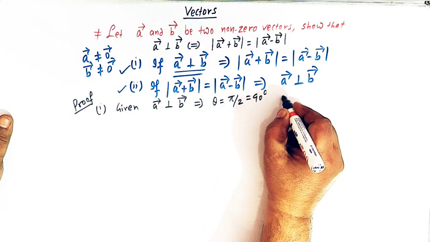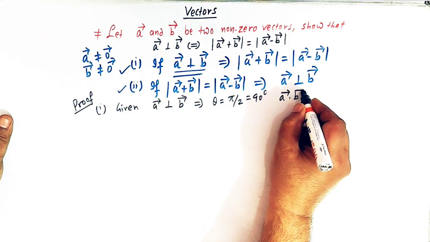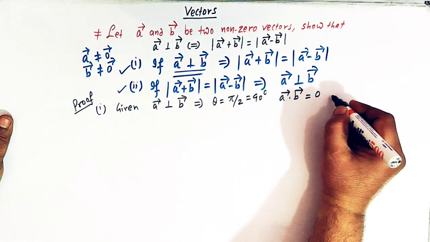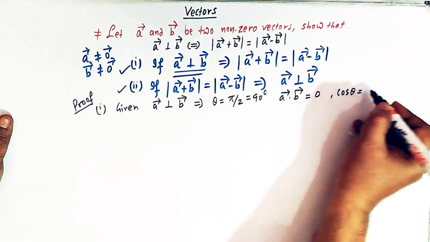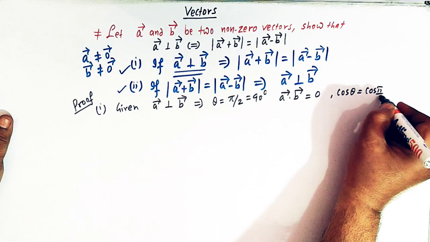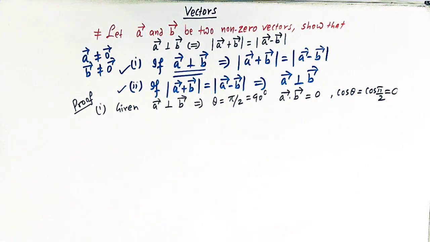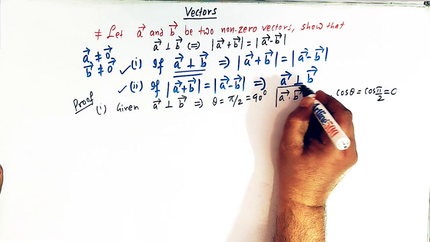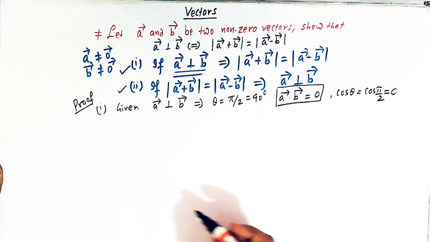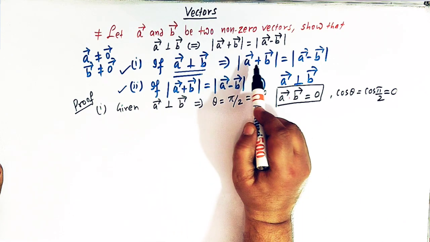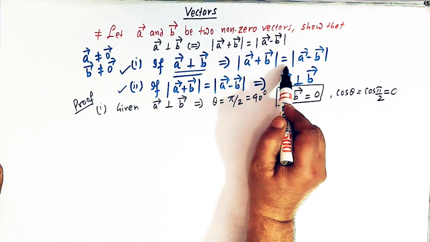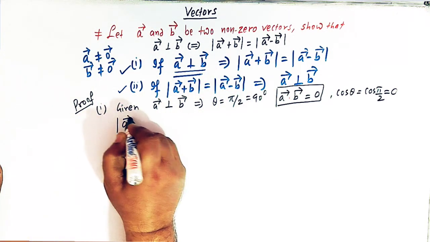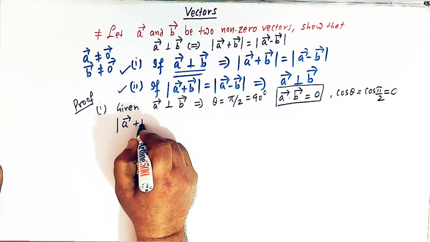In that case, the dot product of vector A and vector B must be equal to 0, because cos theta, that is cos pi by 2, is equal to 0. And now we have to prove this statement. So let us begin with the magnitude of vector A plus B.